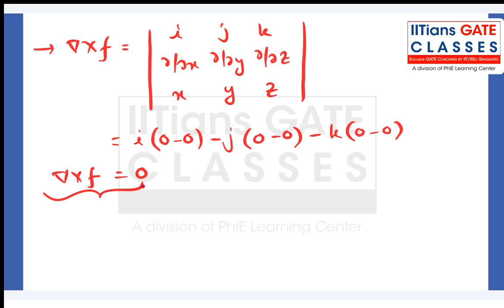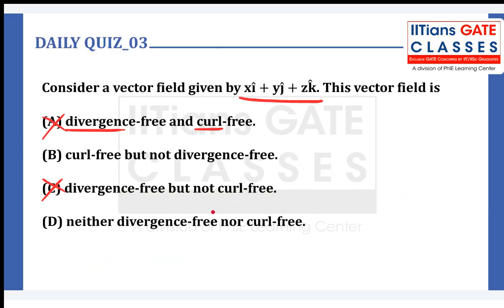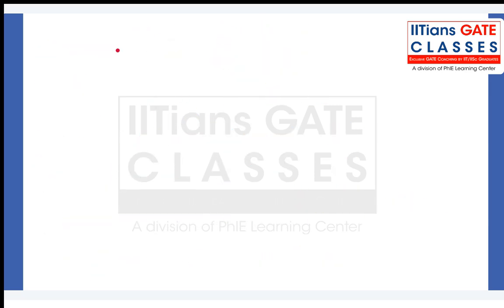That means f is curl free, talking in the language of this question. So f is curl free, not divergence free. So option B has to be correct. D is not correct. That is also, I think, the same as per your answer key. Okay, so very straightforward question.